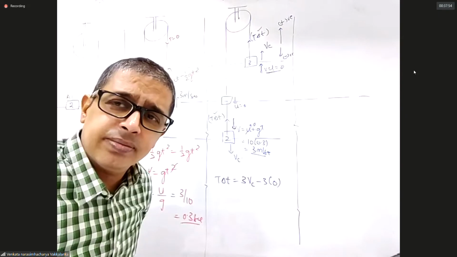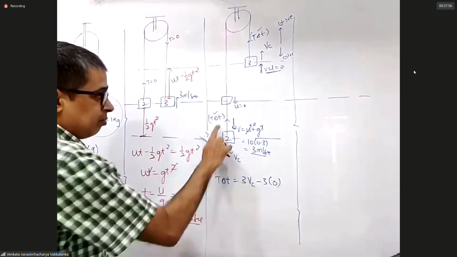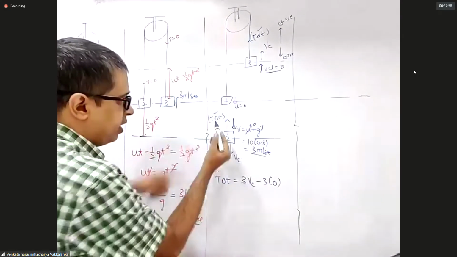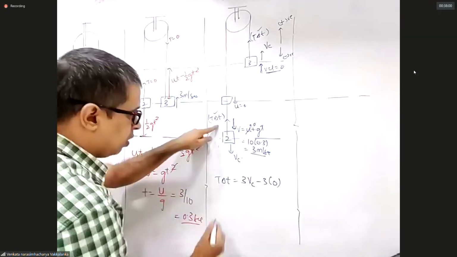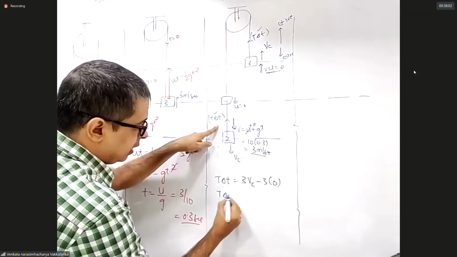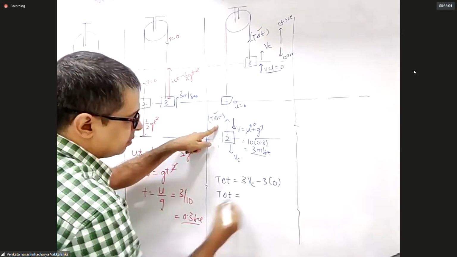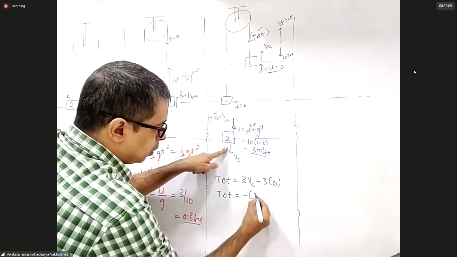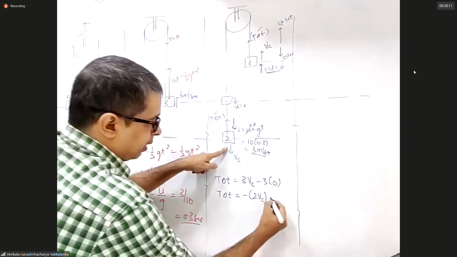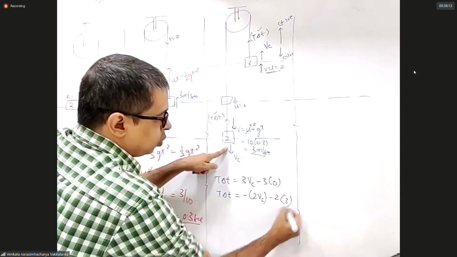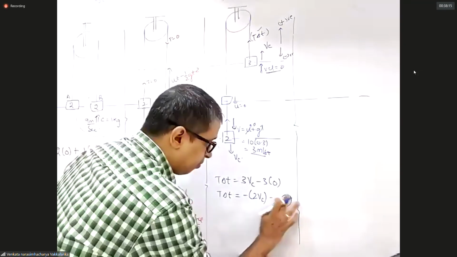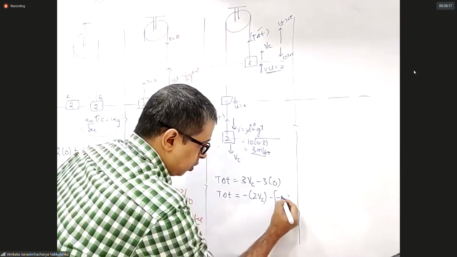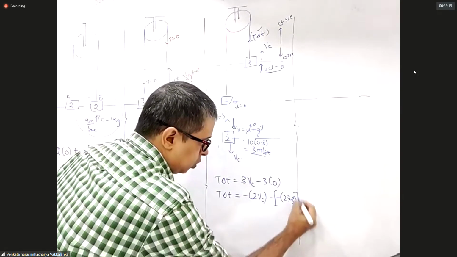Agreed? Come to the second equation here. Upward is positive, downward is negative. Right? T delta T, downward negative. 2 into V common minus 2 into 3. Minus of minus 2 into 3.